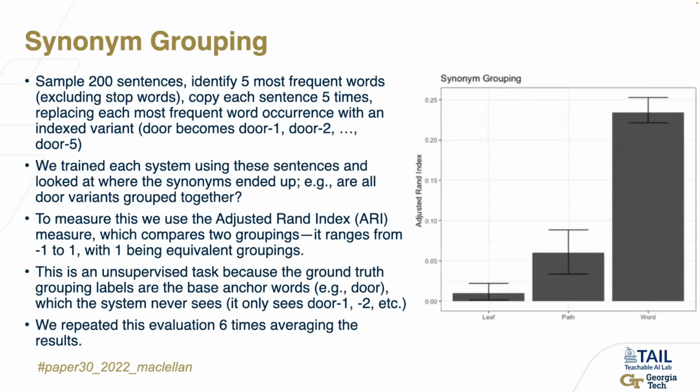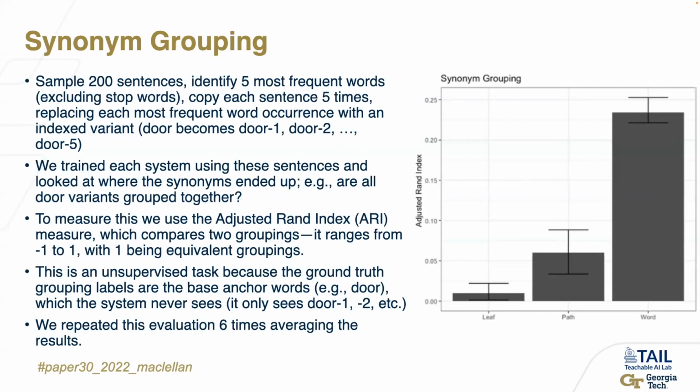So to evaluate how well our system does at putting synonyms close together, we sampled 200 sentences from the challenge data set. We identified the 5 most frequent words after excluding stop words. We copied all 200 sentences 5 times, and in each of the variations, we would replace the most frequent words with the word with an index attached to it.